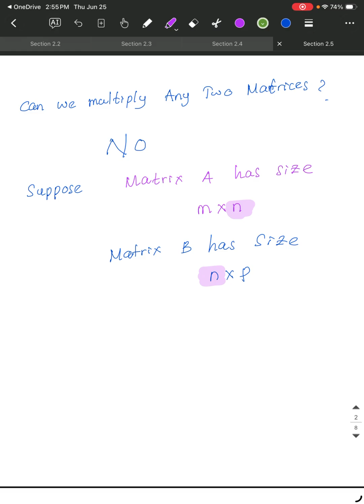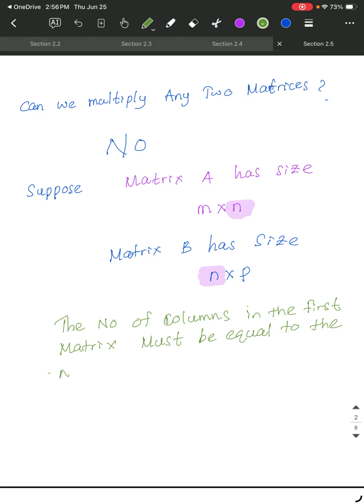That means the number of columns in the first matrix must be equal to the number of rows in the second matrix.